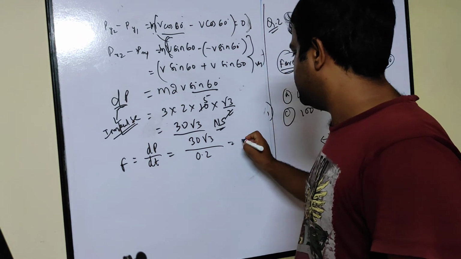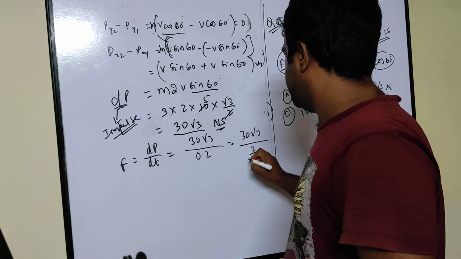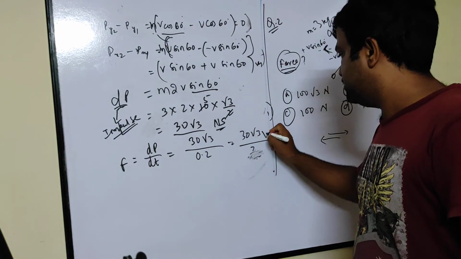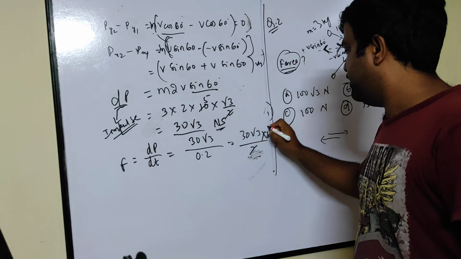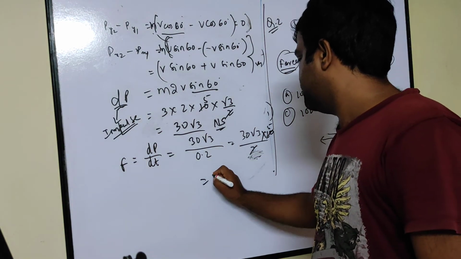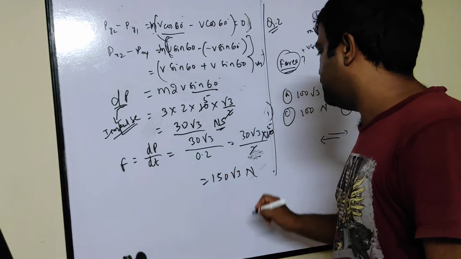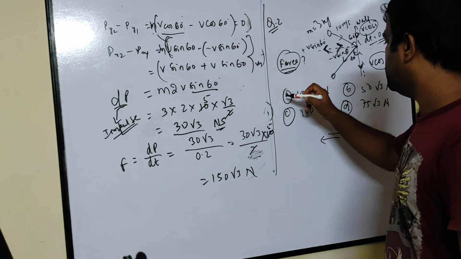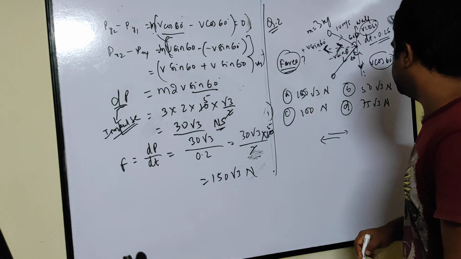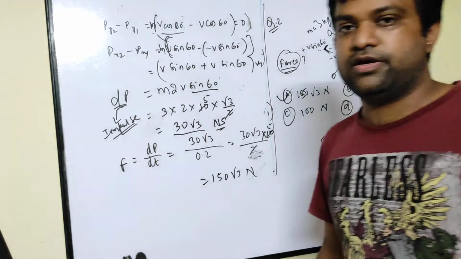You can write 0.2 as 2 by 10. This 10 will go up, so this is 10 over 2, which is 5. So 5 into 30 is 150 root 3 Newton. So 150 root 3 Newton is the answer.